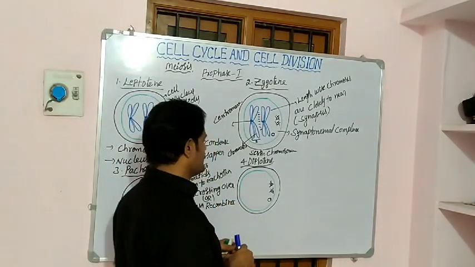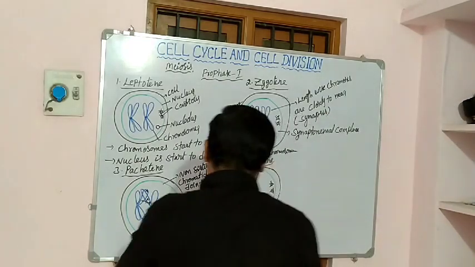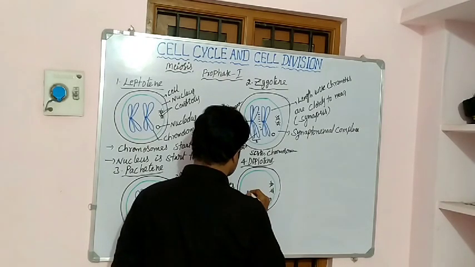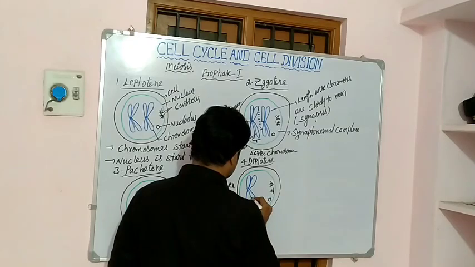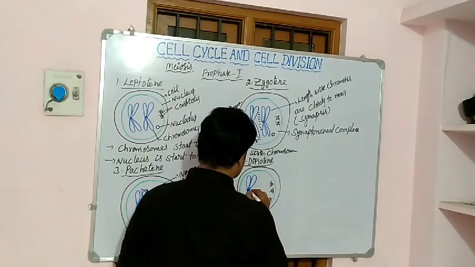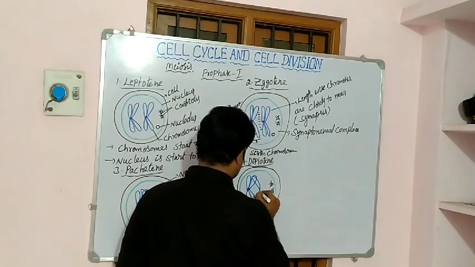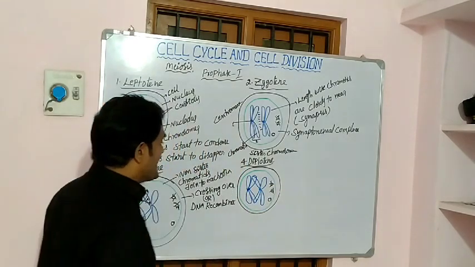After that, what will happen here? See, the chromosomes are arranged in an X shape here.